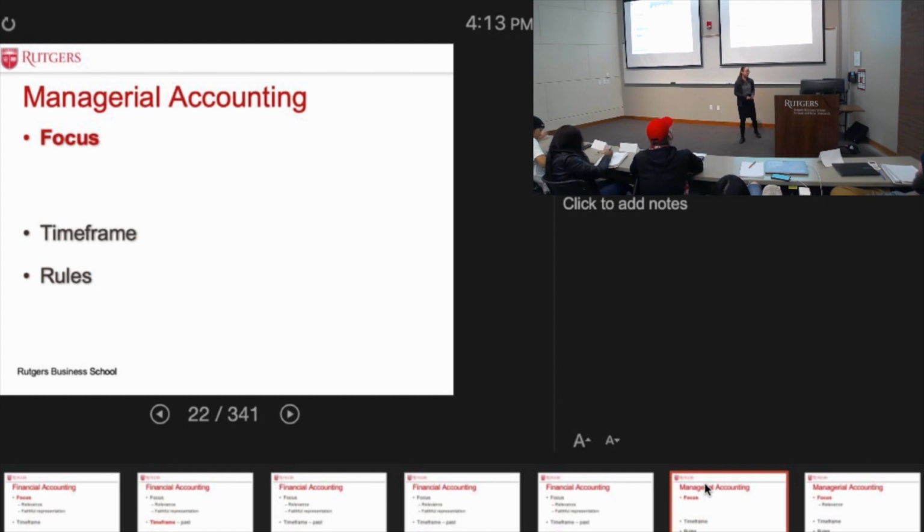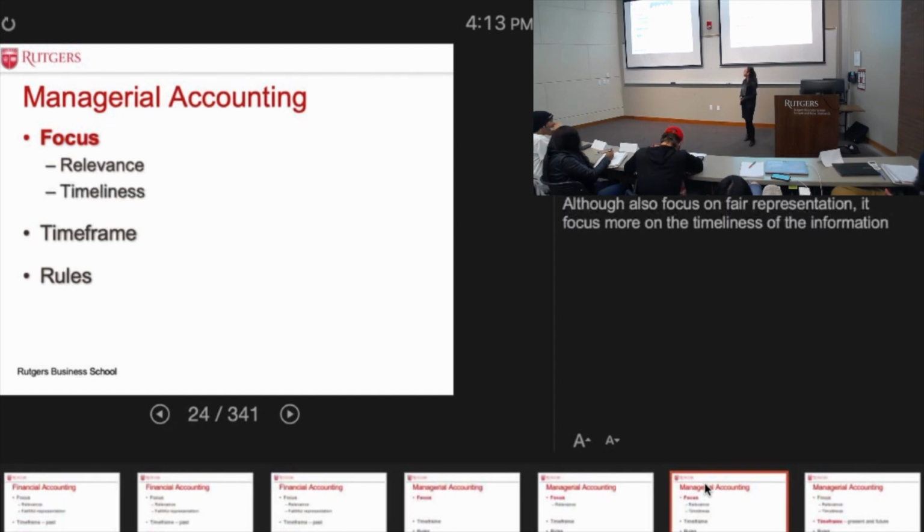So about managerial accounting, same as the financial reporting, we still need to provide relevant information. But instead of focusing on the accuracy of the numbers, we focus on the timeliness of the information.